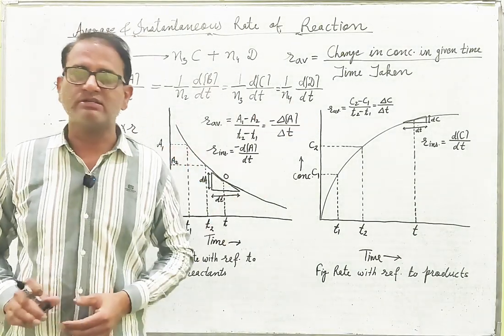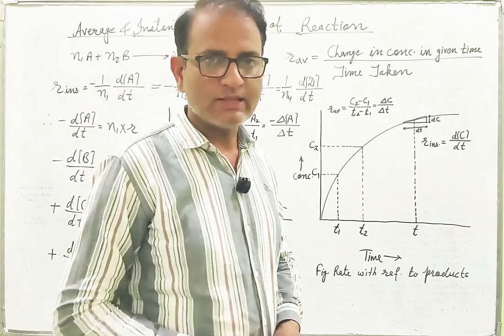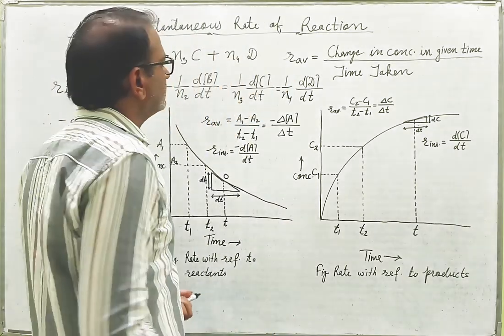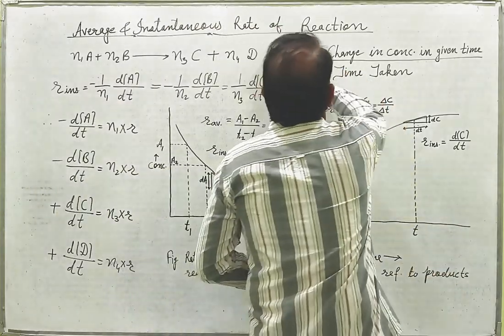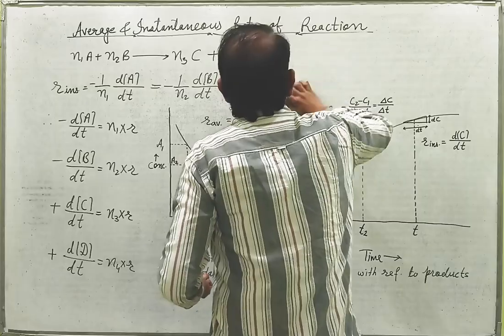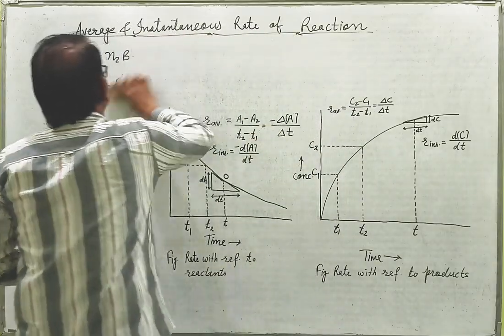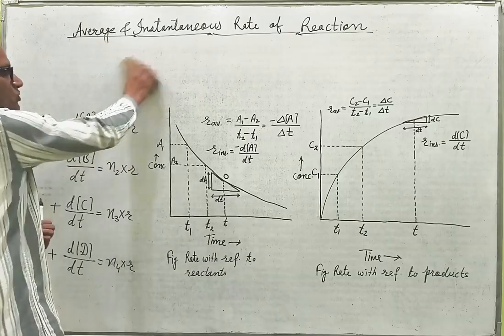This is what is written here, and that is what we have discussed as well. Now let us take an example of how to write the instantaneous rate of reaction for a particular reaction. Let us see how to write it.